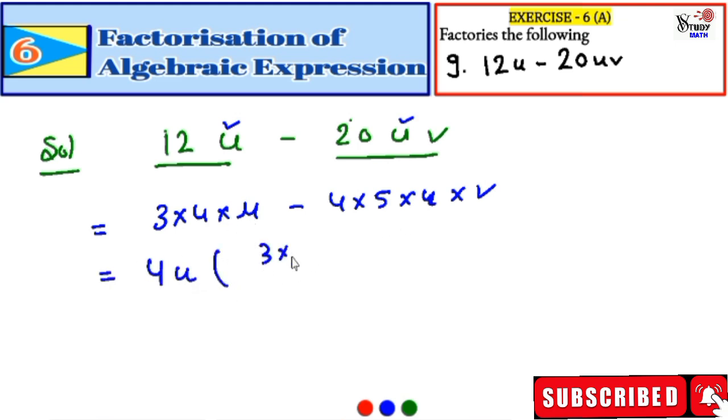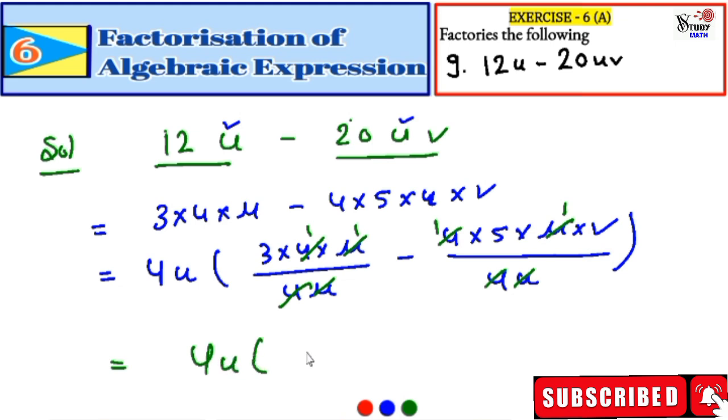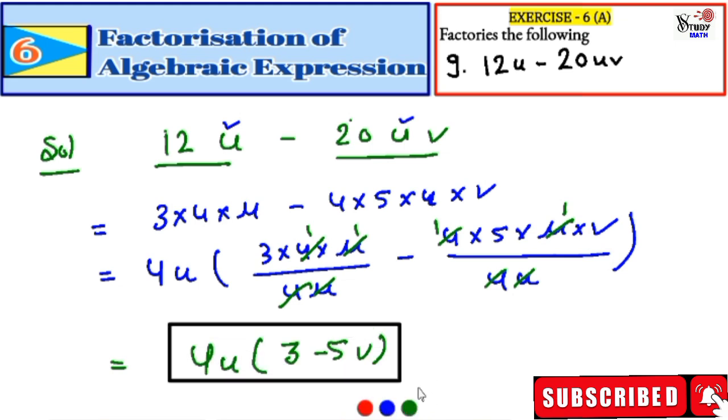So 3 multiply 4 multiply u upon 4u, and 4 multiply 5 multiply u multiply v is divided by 4u, because 4u is a common factor. Now this 4 and 4 cut one time, and u cuts one time. So what is remaining? We have 4u, and we have 3 and negative 5v. This is a basic way to solve these problems, but I'll teach you the direct way also.